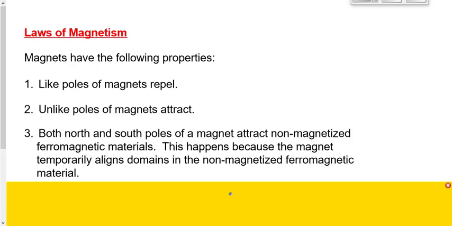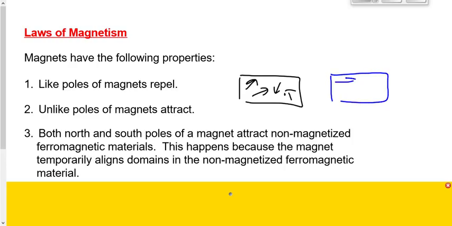material. So if this is our non-magnetized material with domains pointing in random directions, and we bring something nearby that is magnetized with a south pole and a north pole, that magnet will be attracted to the non-magnetized material because these domains right here inside this non-magnetized material become temporarily aligned in the direction of the domains in the magnet.